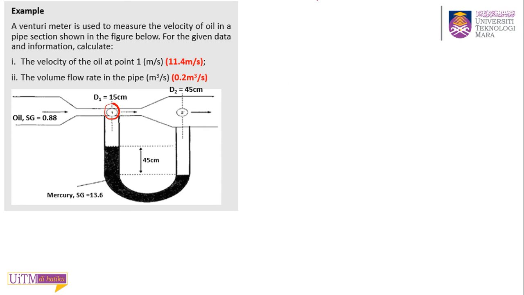Okay, so how can we do this? First, the continuity equation. Right, A1 V1 equal to A2 V2. Okay, and you can write this as V1 equal to A2 V2 over A1.